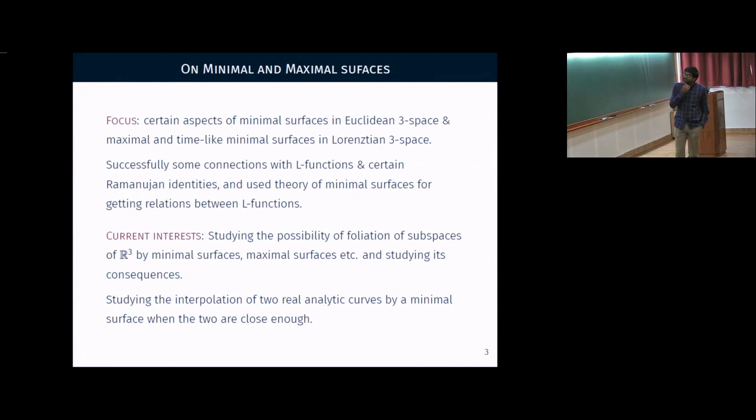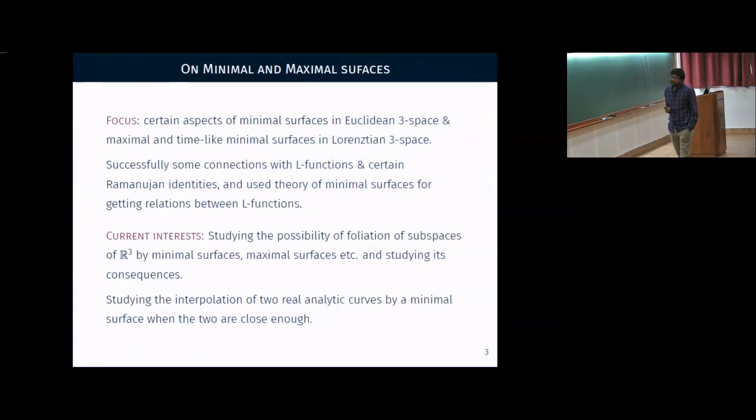So the group has successfully identified some connections with L functions and certain Ramanujan identities. And they have used the theory of minimal surfaces for getting relations between different L functions.